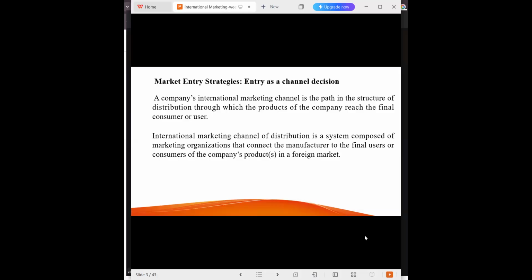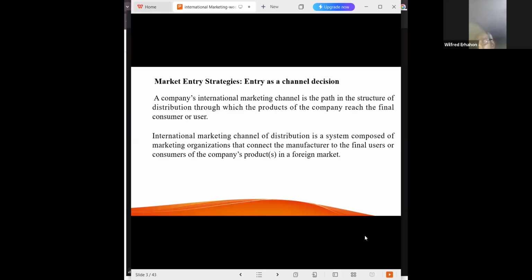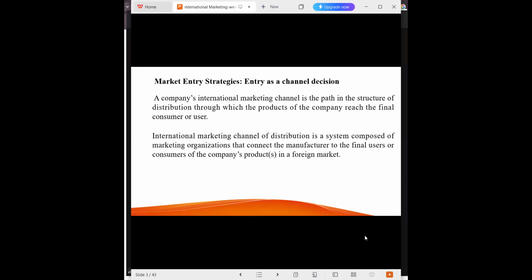So the channel of distribution here is looking at it from systems of marketing organizations that connect the manufacturer to the final user. When you talk about distribution channel, you can look at it from two different routes.